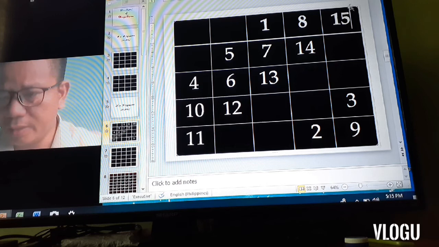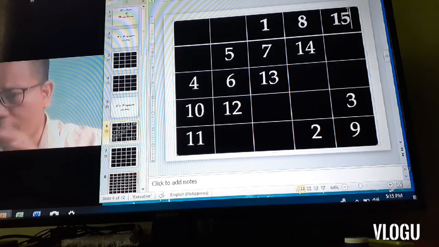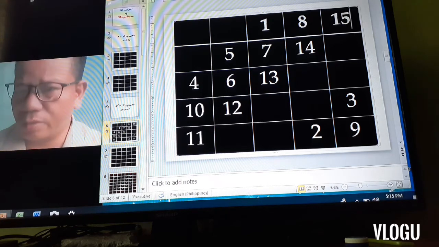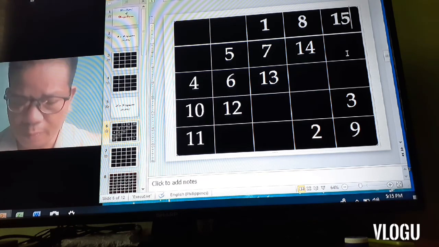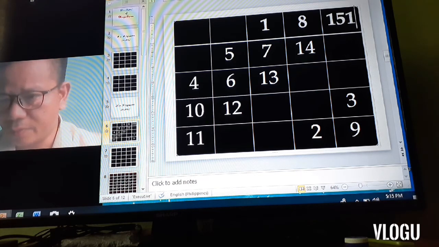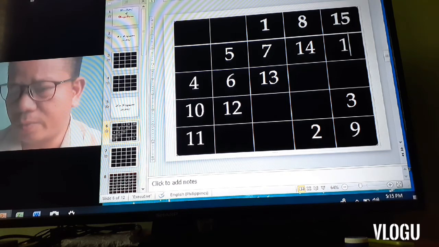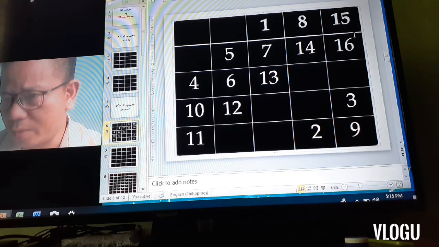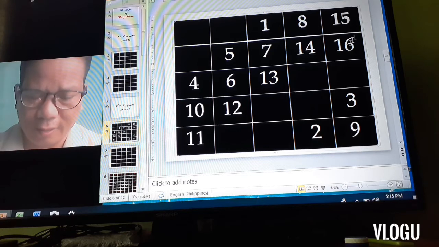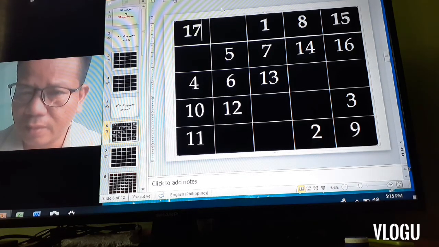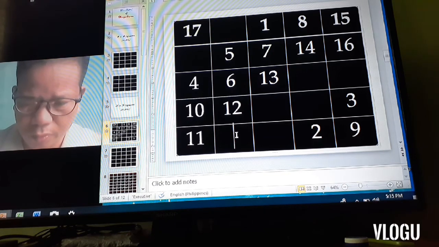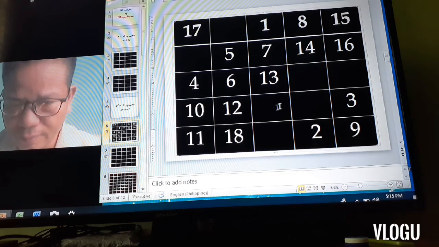Now for my next number, going to the position, since there is no square, what we do is just drop the number, which is 16. Then for my next number, 17, diagonal movement, no squares, so count 5 here. So I now have my number 17. For my number 18, no squares, drop down, count 5, so I have 18.